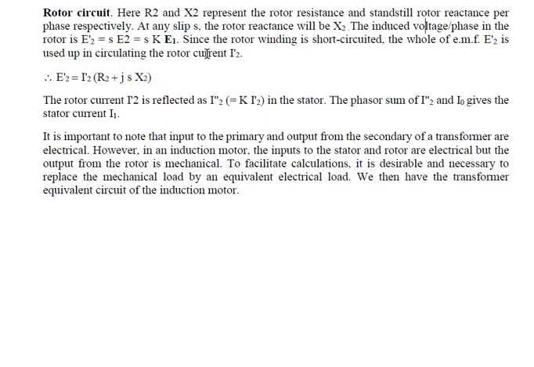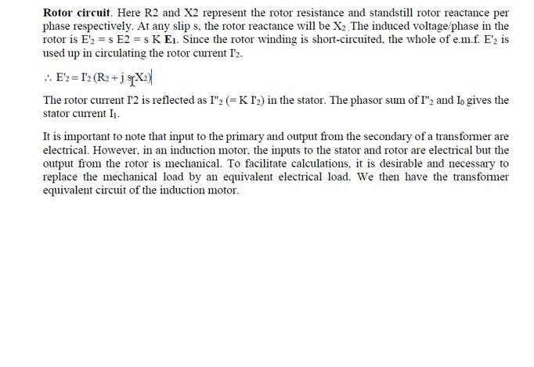So we can write E2 dash is equal to sE2 is equal to sKE1, where s is slip, K is transformation ratio, and E1 is the self-induced EMF in the stator circuit. So E2 dash is simply given by I2 dash into (R2 plus jsX2).